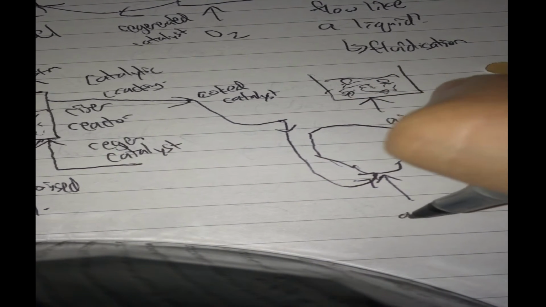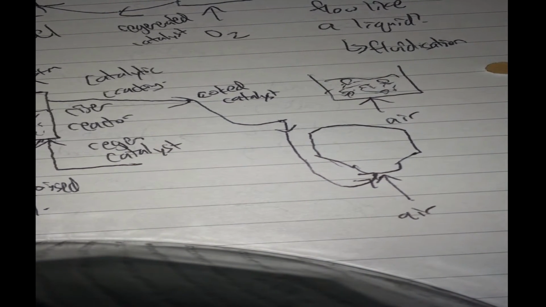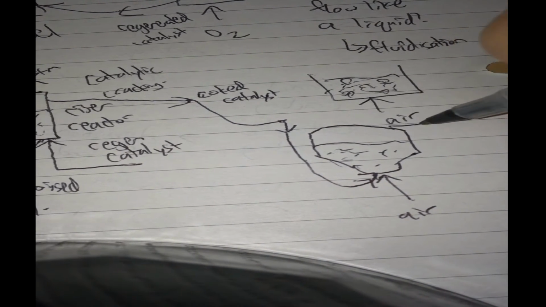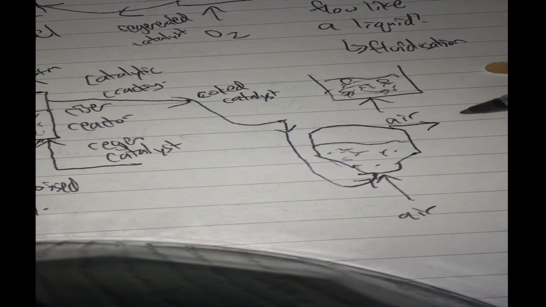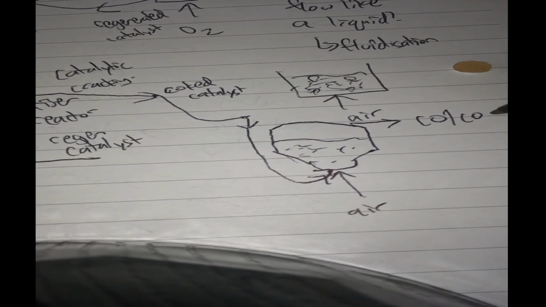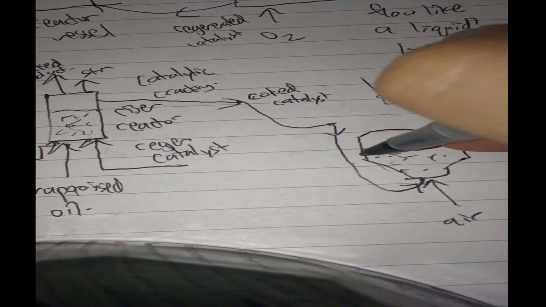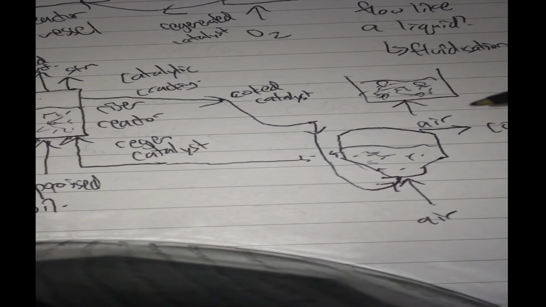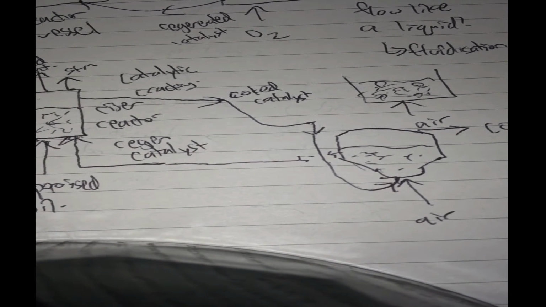Alright, they're pumping air from the bottom. So in this regenerator, it's also fluidized. So pumping air from the bottom to burn the coke, and they'll get out carbon monoxide, carbon dioxide, and once it's regenerated, it goes back here. And this is much bigger than this because regeneration is going to take much longer time.